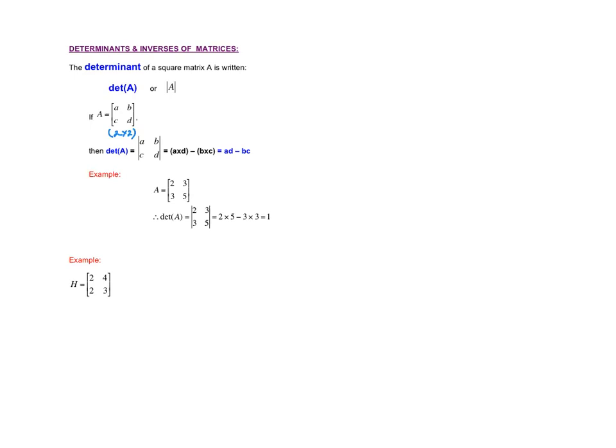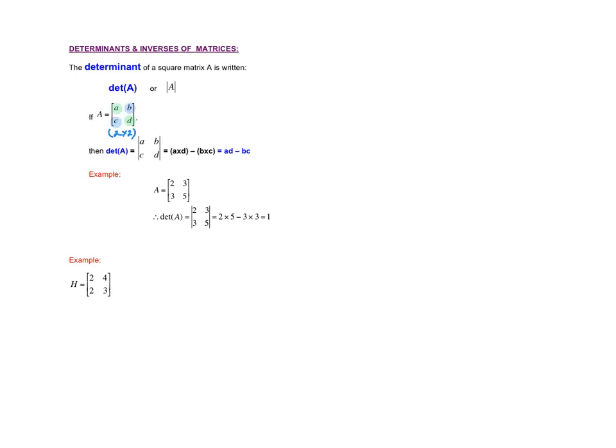So if we are finding the determinant of a 2 by 2 matrix, you take this number and times it by this one, so the A position times the D position. Then you minus from it this one times this one.